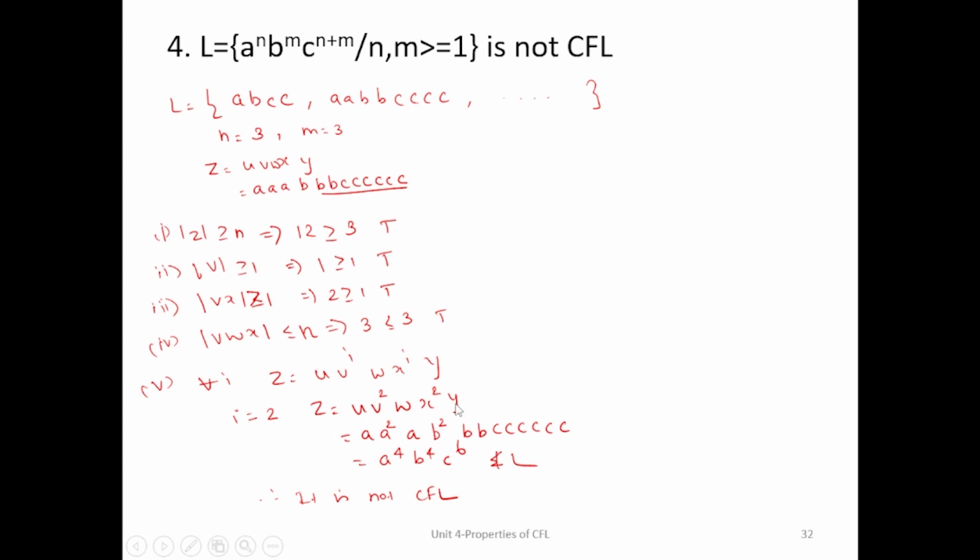So the generalized form of z is u, v squared, w, x squared, y, in which I should substitute u, v, w as a, x value as b, y value as double b, 6 c's. If you count, the number of a's is 4, the number of b's is also 4, but the number of c's should be 6 for these conditions. But it is not satisfied in the given language, therefore it is not a CFL.